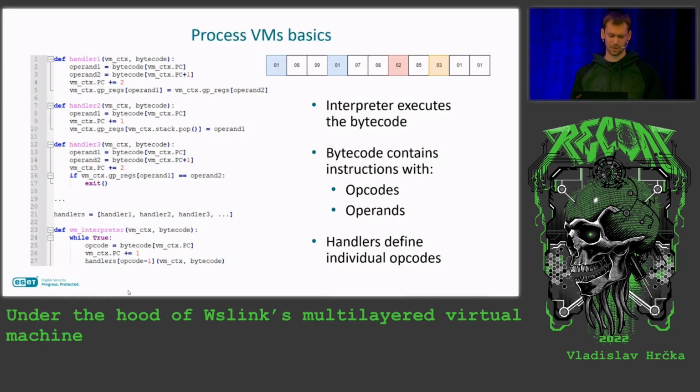There's this interpreter, which is basically a dispatcher that takes an opcode from the bytecode, and based on that decides which handler, which defines its functionality, will be executed. For example, the first one fetches 2 operands from the bytecode and performs an operation, and then returns control back to the dispatcher, and it sequentially continues.